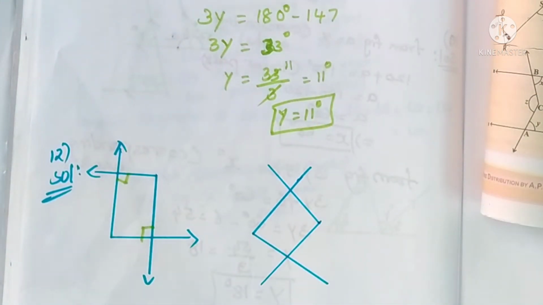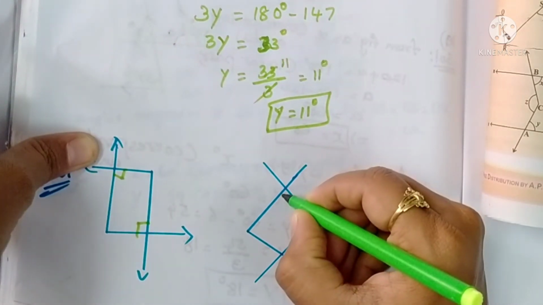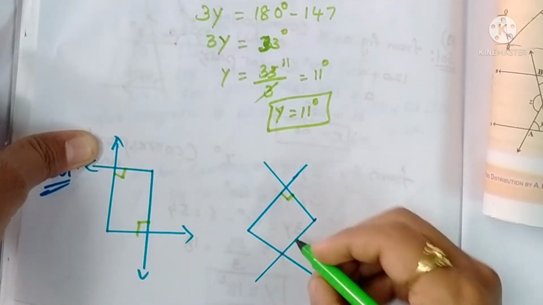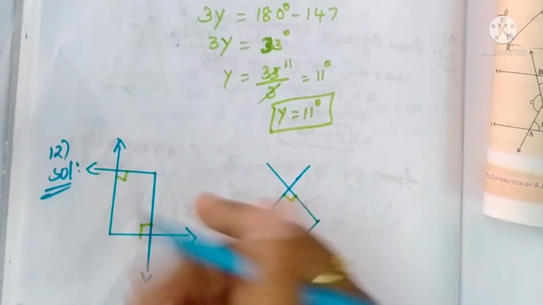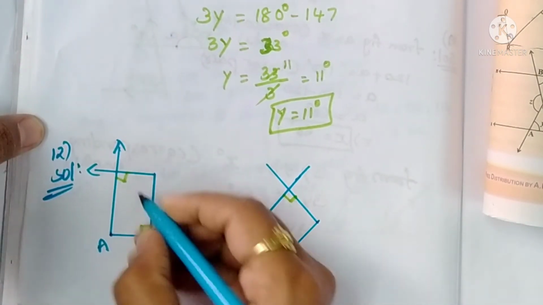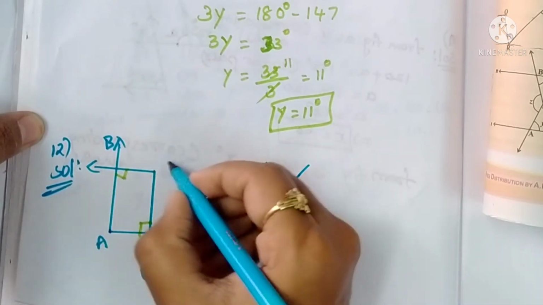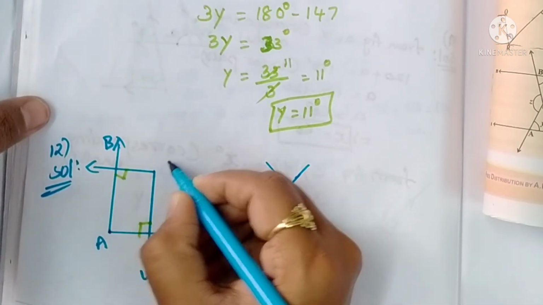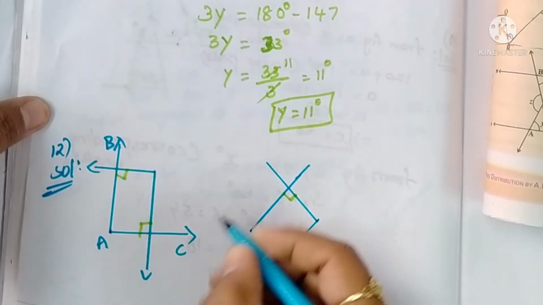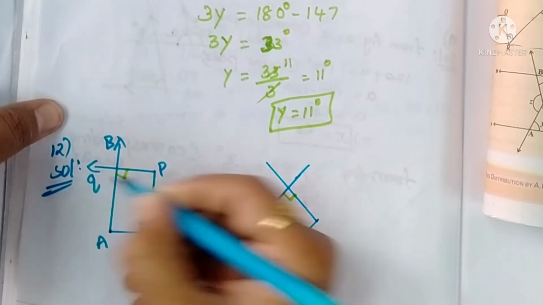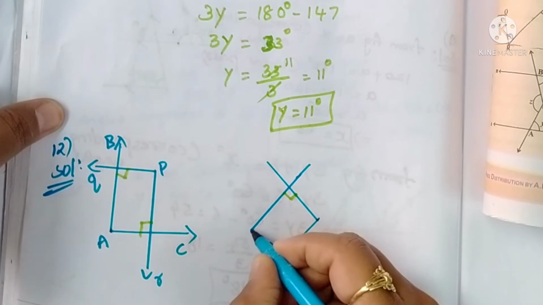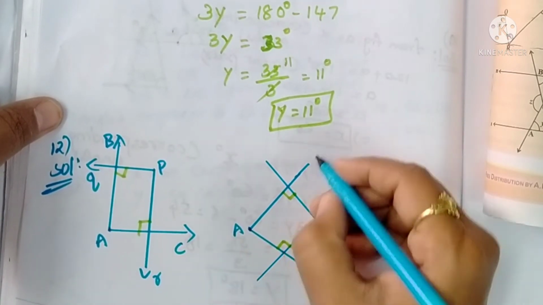Here also, the two arms of one angle are perpendicular to the two arms of another angle. So like this, you can draw. It is A, B and C. Here P, Q, R. We can just give the names, otherwise no problem.